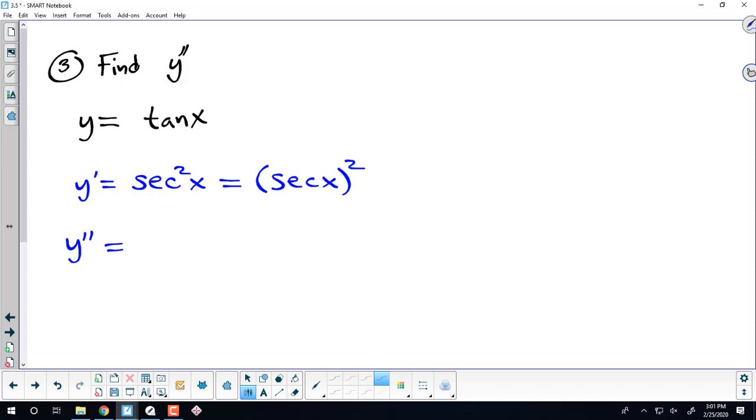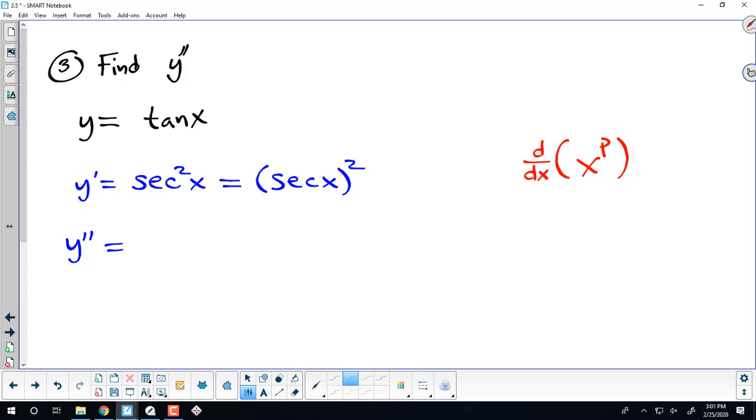Remember, the power rule applies to what to a power? It's just the variable, right? That's not what we have here. It's not as simple as saying it's 2 secant to the first.